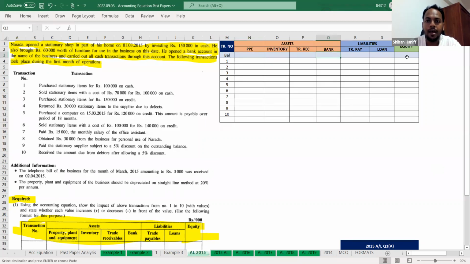The total investment is taken under the equity column.